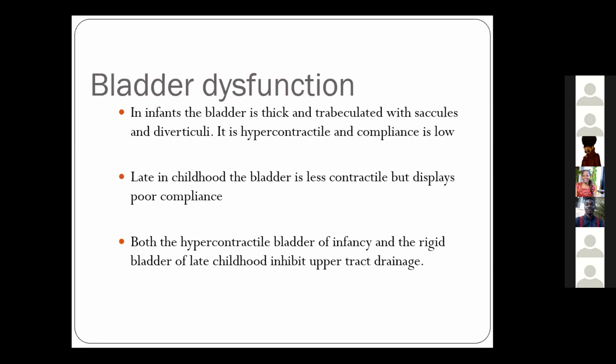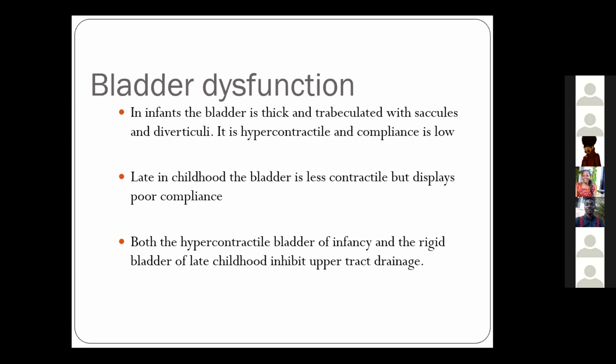So, bladder dysfunction. In these infants, the bladder is thick and trabeculated with cellules and diverticula. It is hypercontractile and the compliance is low. In other words, these are patients who will have frequent urination. The bladder does not comply, it does not accept the normal volumes of urine before you have to void.